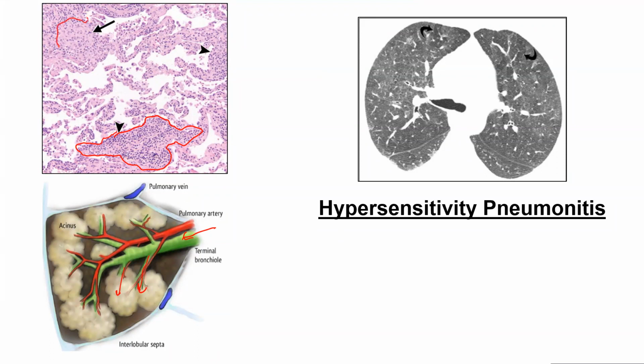And they get really poorly formed non-caseating granulomas, the opposite of sarcoid, where they're really well formed. They mostly affect the terminal bronchioles. Because they affect the terminal bronchioles, when the patient breathes out, they can get air trapping. So here's mosaicism, air trapping here, some air trapping right there as well.